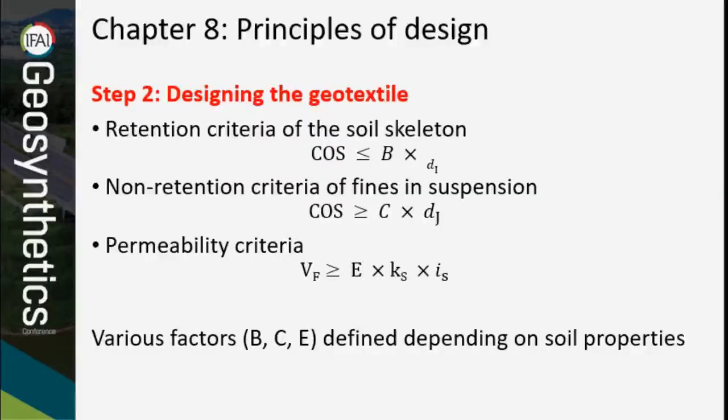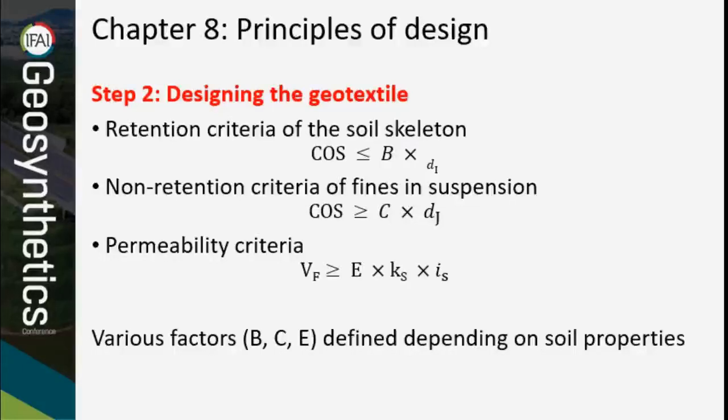Once the environmental conditions are known, we can finally proceed with the design itself, which is to select an opening size or to verify the applicability of a given geotextile with a given opening size with a given soil, considering different equations. The factors that you see on screen, the factors B, C, and E, are defined in the standard depending on soil properties, and in some cases depending on the application.